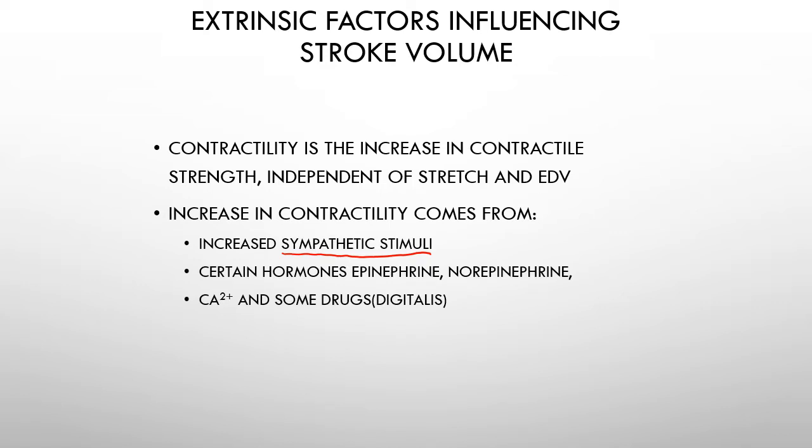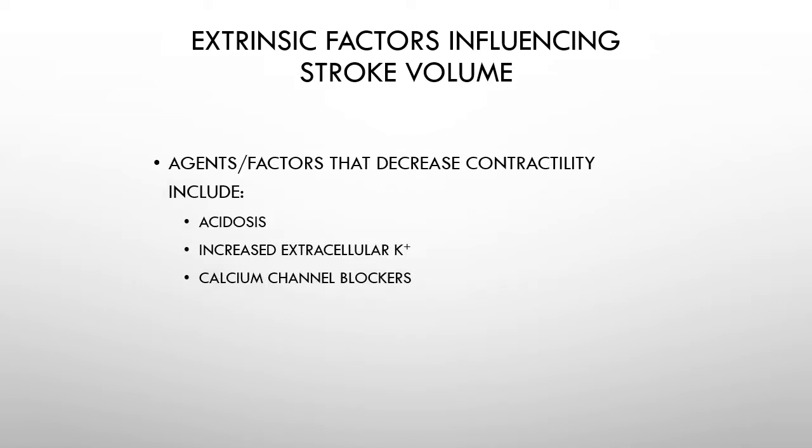The same thing essentially happens when the adrenals release hormones, so things like epinephrine and norepinephrine are going to have that effect on the heart as well. Excess amounts of calcium within the body is also potentially going to increase those levels.